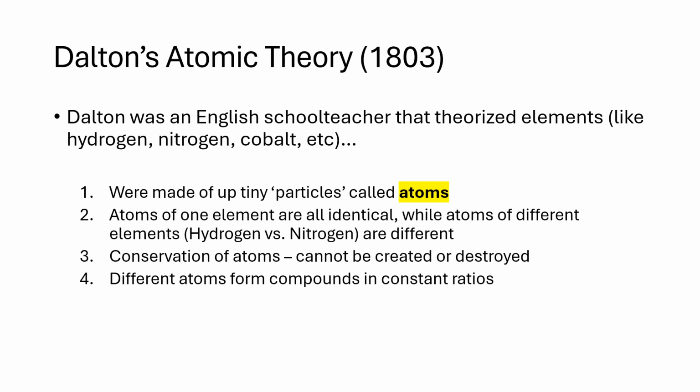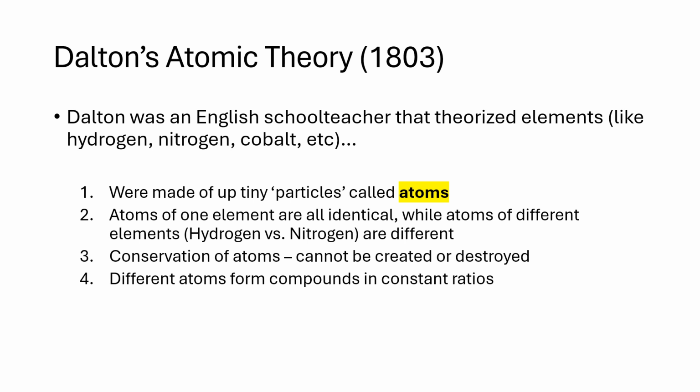So something you do need to know is Dalton's atomic theory, 1803. Dalton was an English school teacher. He had nothing to do with chemistry or physics, but he thought he was pretty smart. So he started theorizing things about our elements on the periodic table. Elements had these 4 stipulations, and you will need to know these for the exam.